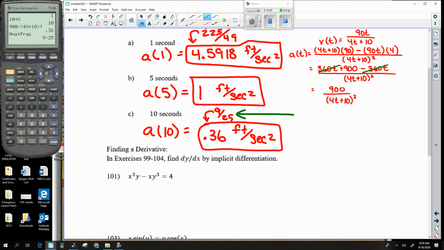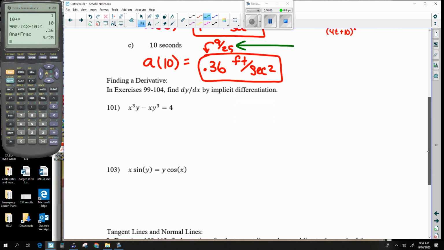Because if I see an answer of 0.36 and it's a non-calculator question, you're cheating, and I know it. So if you're doing a non-calculator, make sure you give the fraction answers. If you're doing a calculator version, it doesn't really matter. You can give me the decimal, you can give me the fraction.